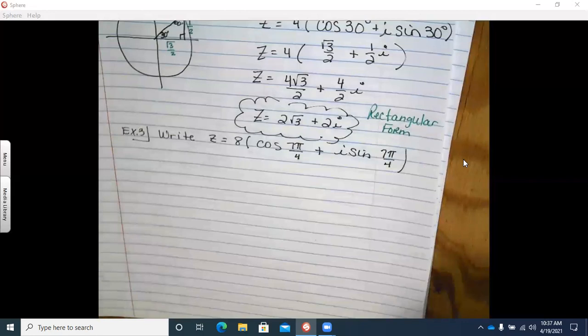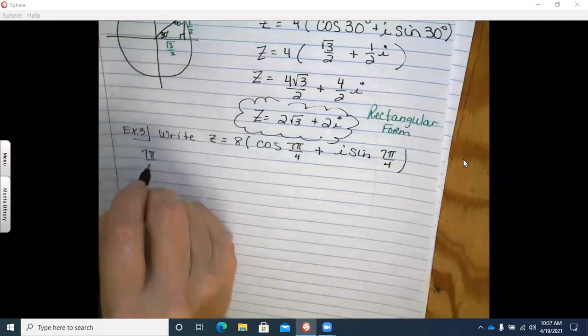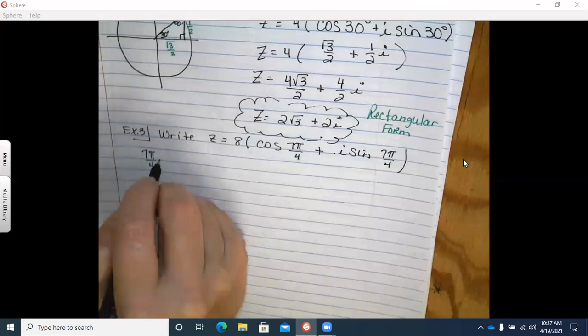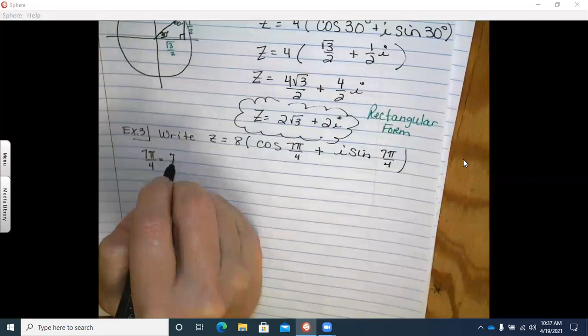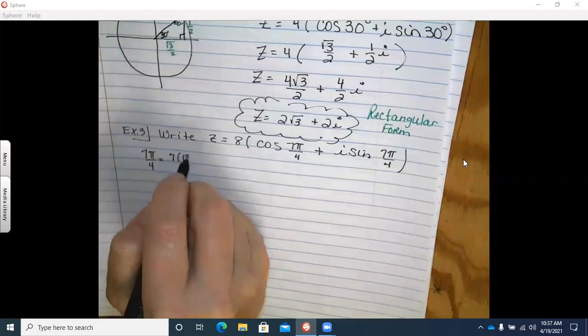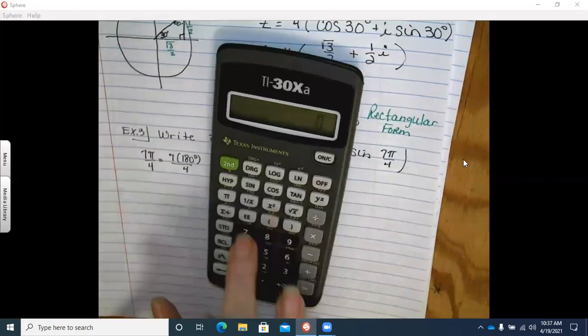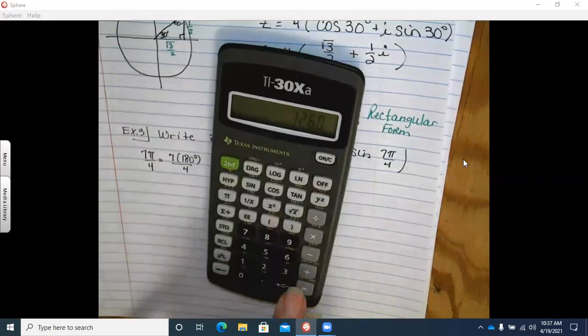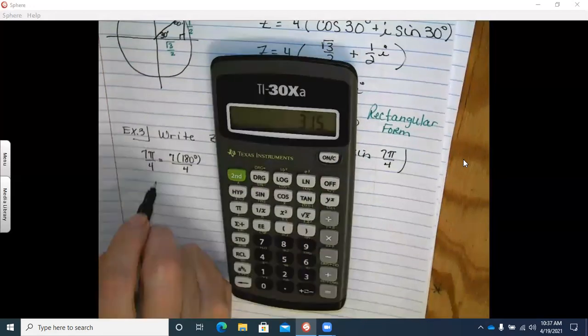So 7 pi over 4. If I want to know the degrees, what am I plugging in for pi? 3.14 or 180? 180 degrees. So 7 times 180 is 1,260. Divide that by 4, and we get 315 degrees.